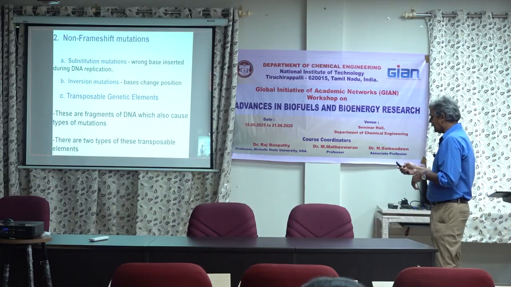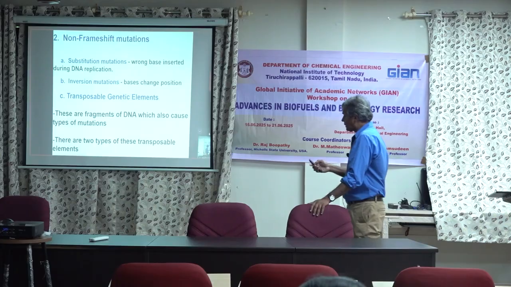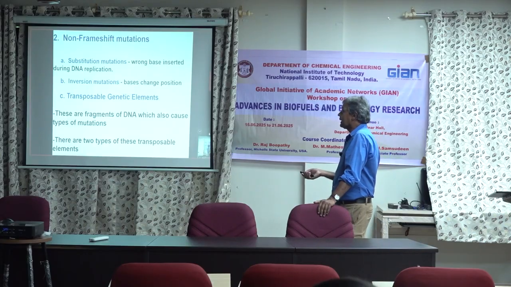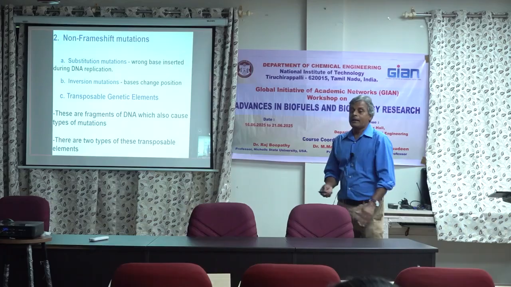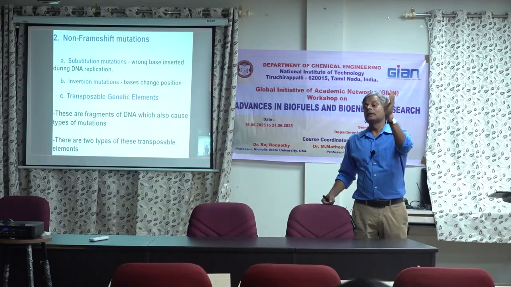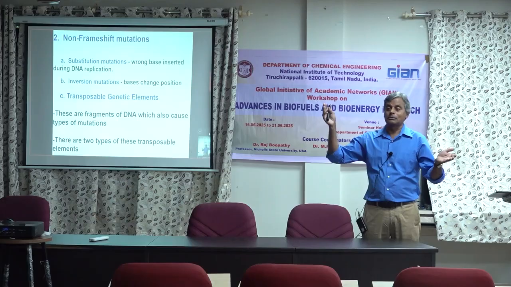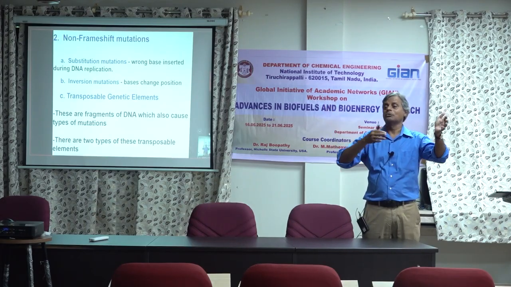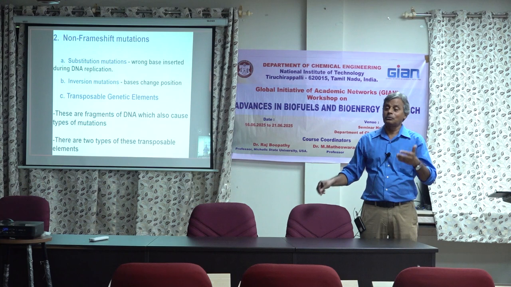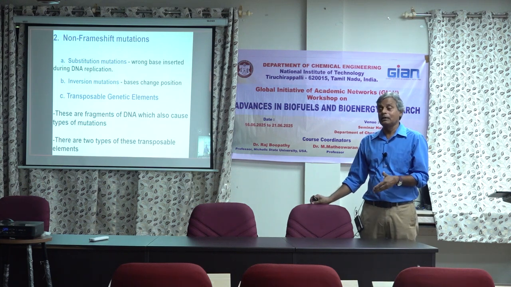Okay? There's another thing in your body, we call that transposable genetic element, and these are genes that don't have a permanent place in the chromosome. They are all over the chromosome, and they move from one chromosome to another chromosome, and that's why they are commonly known as jumping genes.